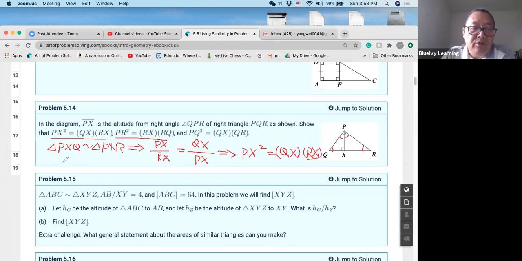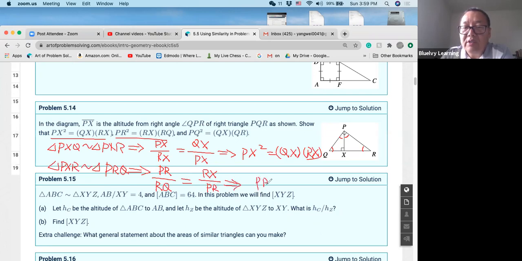Then similarly, you can do this, PR squared. Triangle PXR is similar with triangle PRQ, the bigger one. Then you can get PR over RQ equals RX over PR. From this, you can get PR squared equals RX times RQ. Okay? We prove this.